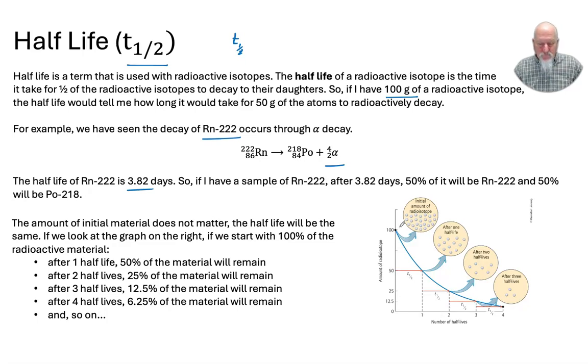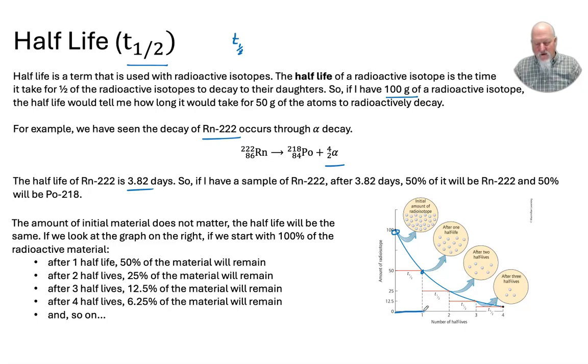If we initially start with 100%, or 100 grams of your radioisotope, after one half-life 50% or 50 grams of it will remain. Half of it has decayed away after a half-life.